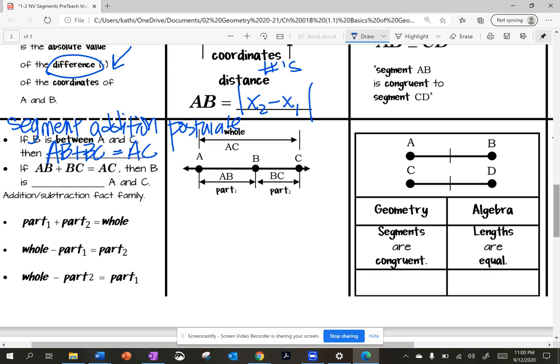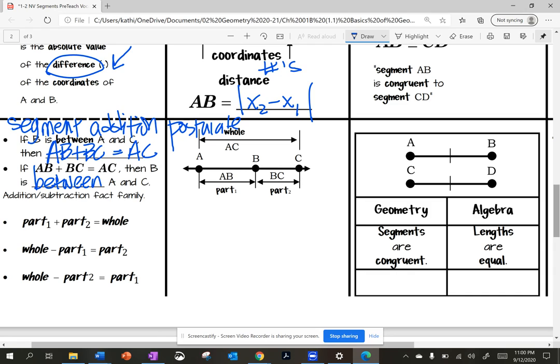So if A to B plus B to C equals A to C, then B is between A and C. So I have three different equations that I can write. So I have two parts and the whole thing.